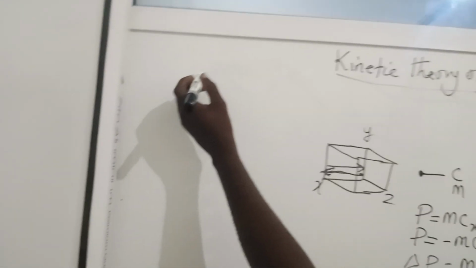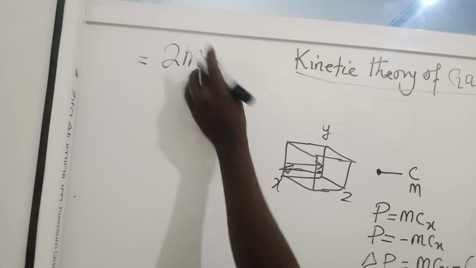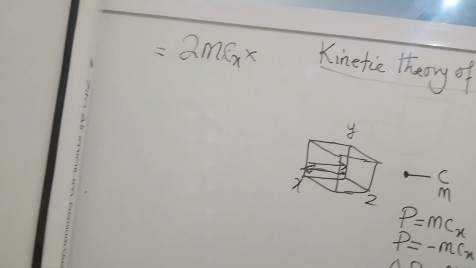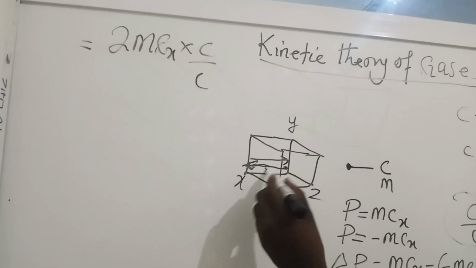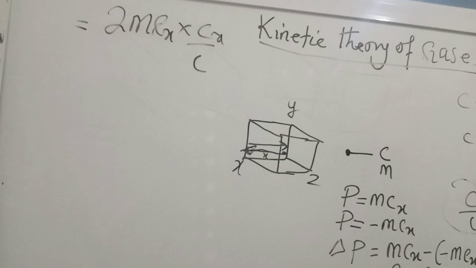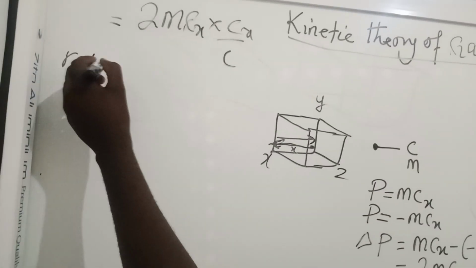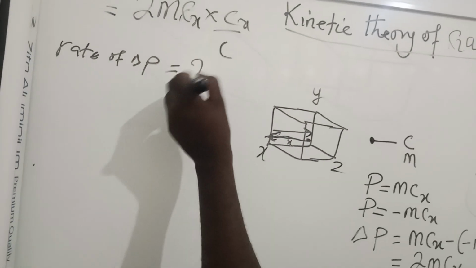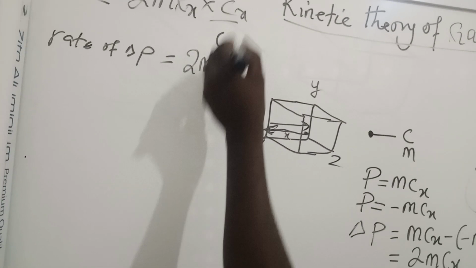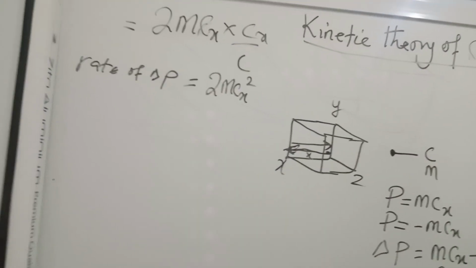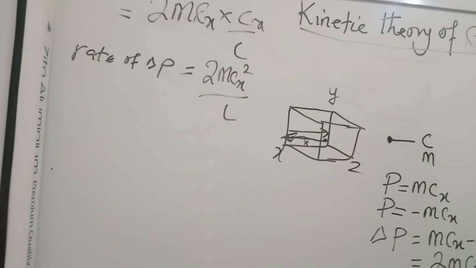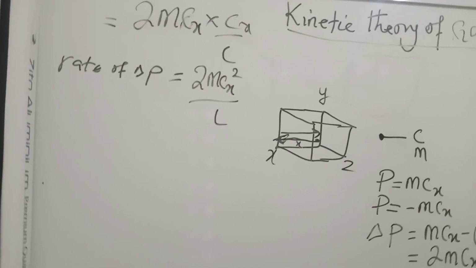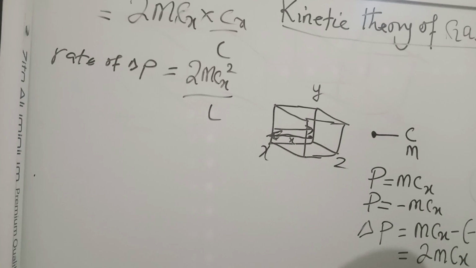Now our rate of change of momentum is equal to 2mcx times C over L. Remember that we said our molecule is traveling in the x direction, so this becomes 2mcx squared divided by L. In Newton's second law of motion, the rate of change of momentum is directly proportional to the force applied.